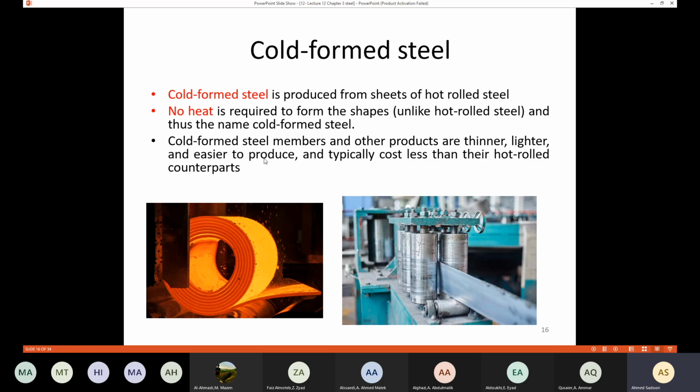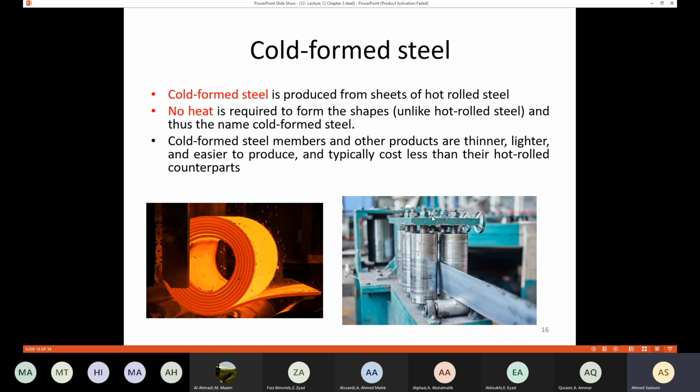The cold form steel members and other products are thinner, lighter, easier to produce, and typically cost less than their hot rolled counterparts. This one is shaped using no heat, using only these machines, the weight is lighter, and the thickness is thinner.